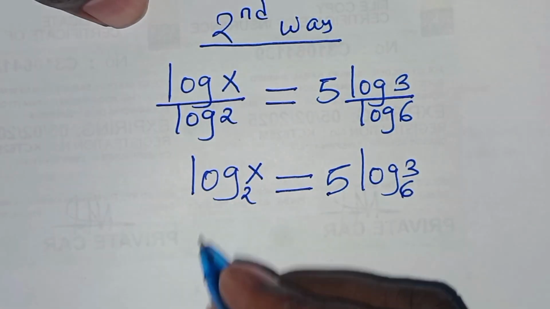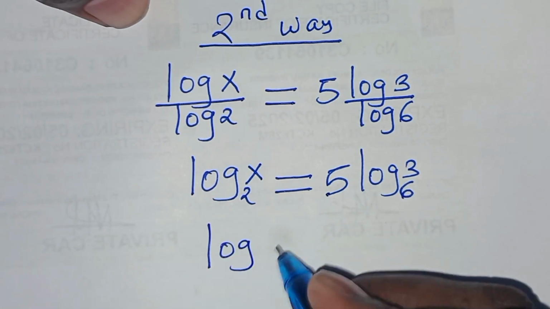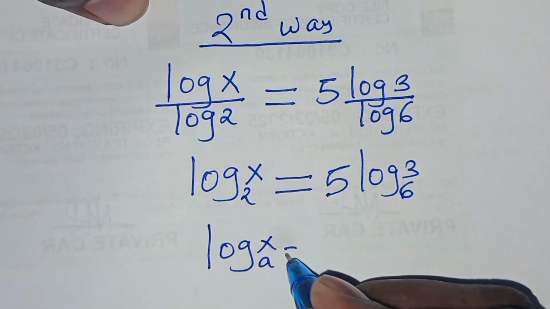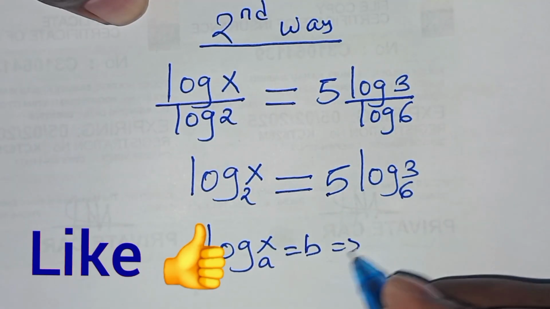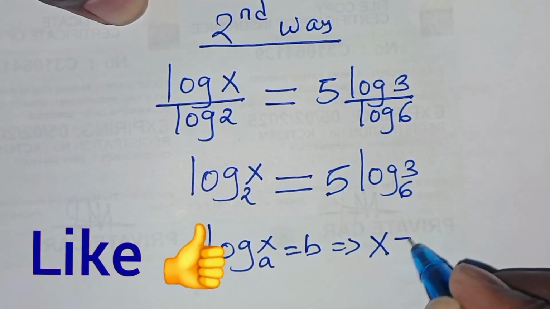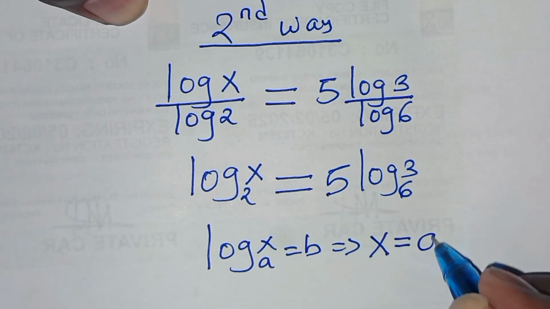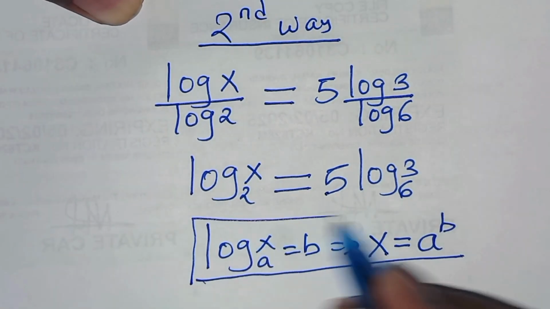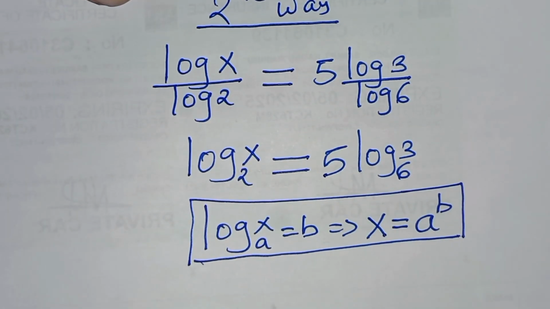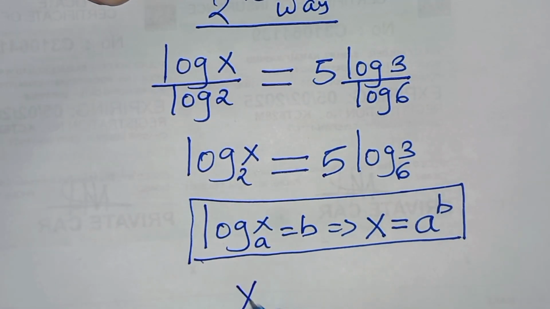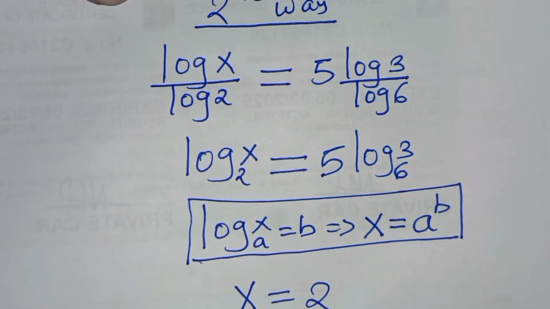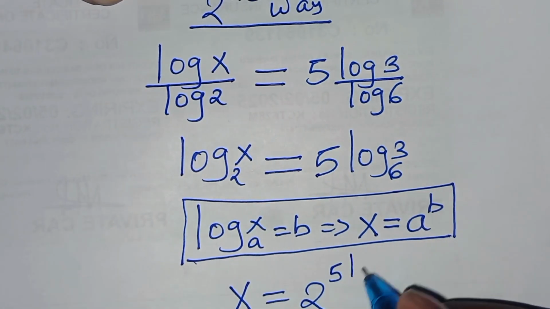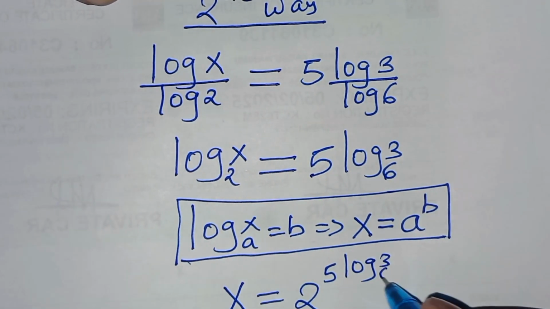Now, we are saying that if you have log x to base a equal to b, then we can express x equal to a raised to power b. Applying this property, we have x equal to 2 to power 5 log 3 to base 6.